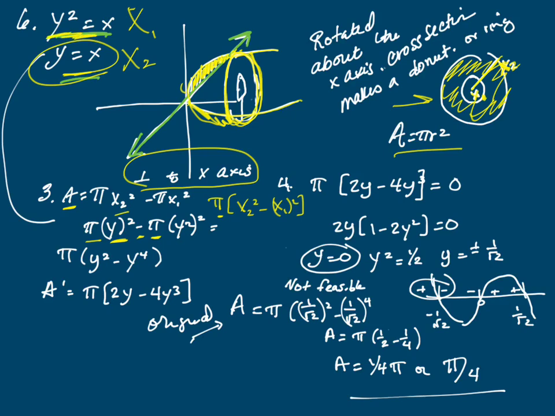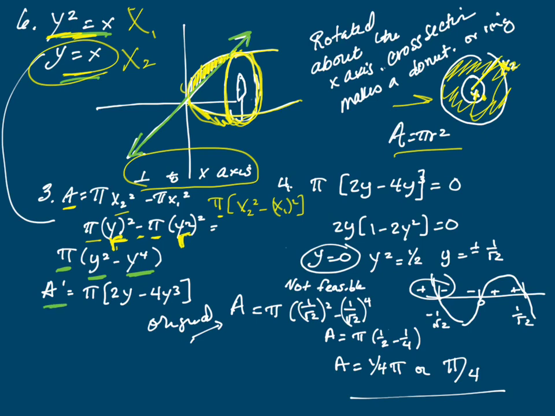So this is the first r right here, and the second r right here. Okay, so we can factor the pi out, and we get y squared minus y to the fourth. So that is our function that we want to optimize.